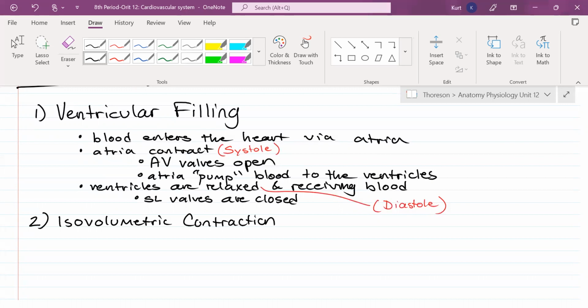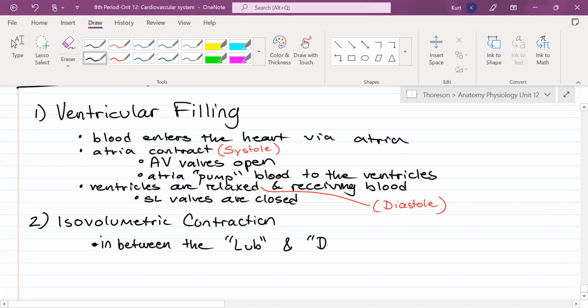This isovolumetric contraction is an in-between stage. There's nothing really happening here. Just like when I'm holding my arm out like this, I'm doing isometrics. In isovolumetric contraction, this is in between phases. This is in between the lub and the dub.